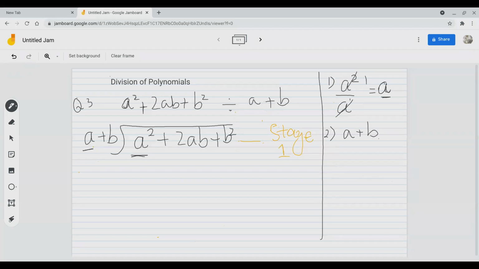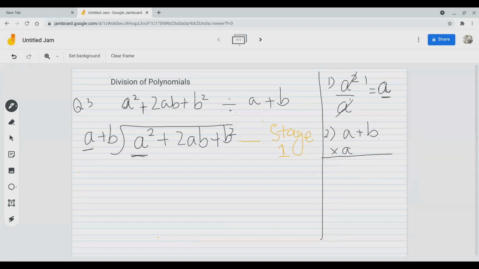In the first step, you take only one term, the first one, inside and outside. In the second step, you will take the whole divisor, whether it carries three terms or two terms. In this question, there are only two terms, so it is the first full expression outside, A plus B. Now multiply by A.